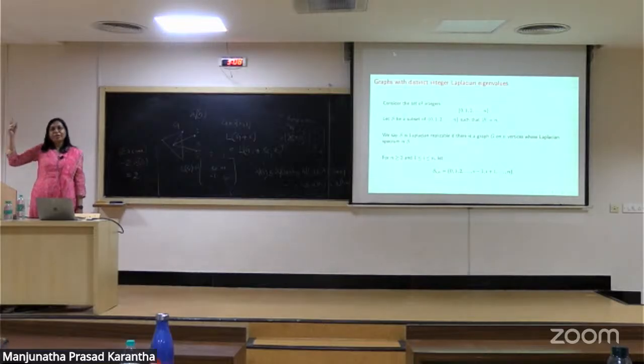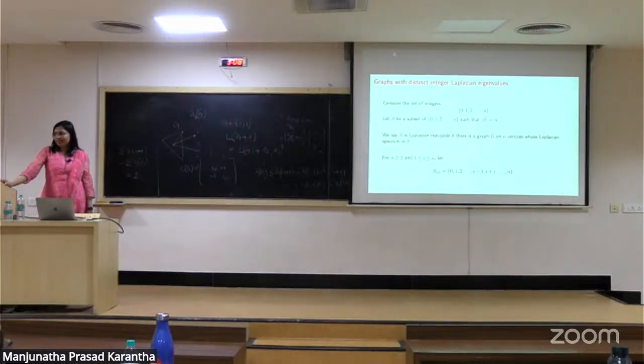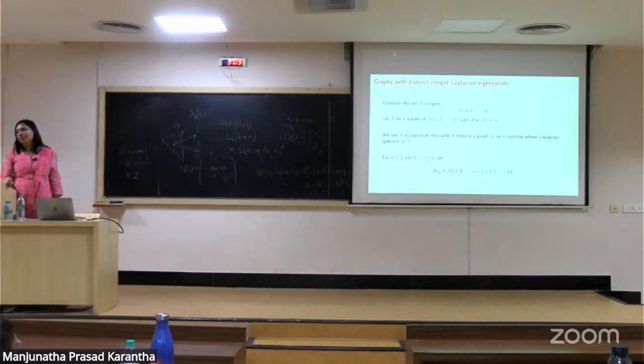Your largest eigenvalue can be n and the smallest is 0, so you have n plus 1 integers which can be eigenvalues. Now you want distinct eigenvalues, and one integer can be left out. So you take the numbers from 0 to n and leave one out.